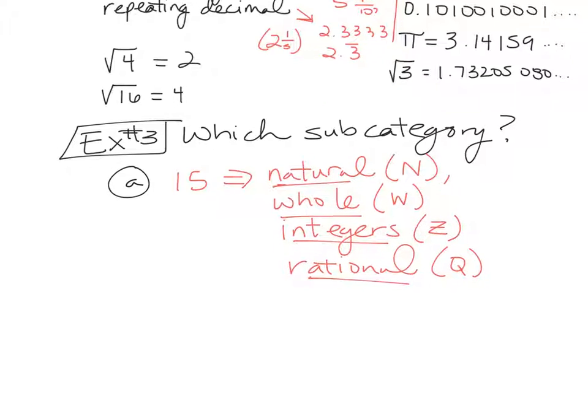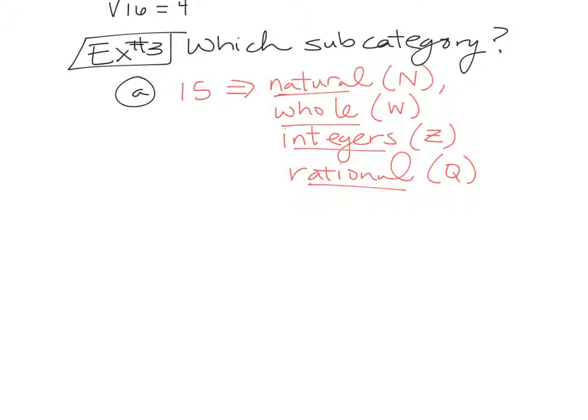Okay, so there's one. What if I gave you the number negative 1.4583? Is it an integer? Can you have decimals with integers? Oh, no, it's irrational. But it's not irrational.